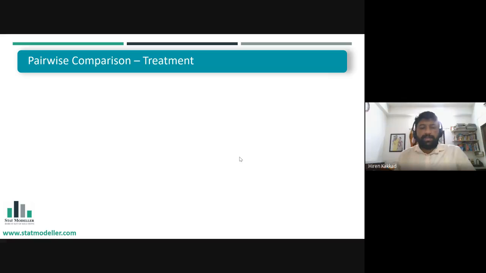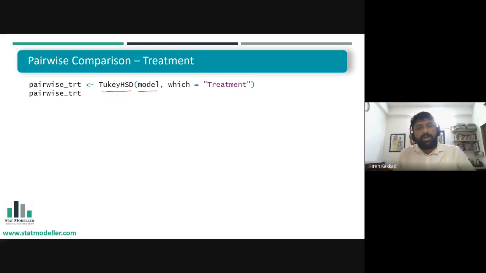But let us have a look at it in a different way. Let us go for the pairwise comparison, because ultimately we want to see which treatment is having the higher effect, or which treatment is having the lower effect. So again we are using this Tukey HSD, and then we are providing this model. And now here which argument I am giving, because from this model we would like to give this treatment. So first of all we would like to do pairwise comparison of this treatment.